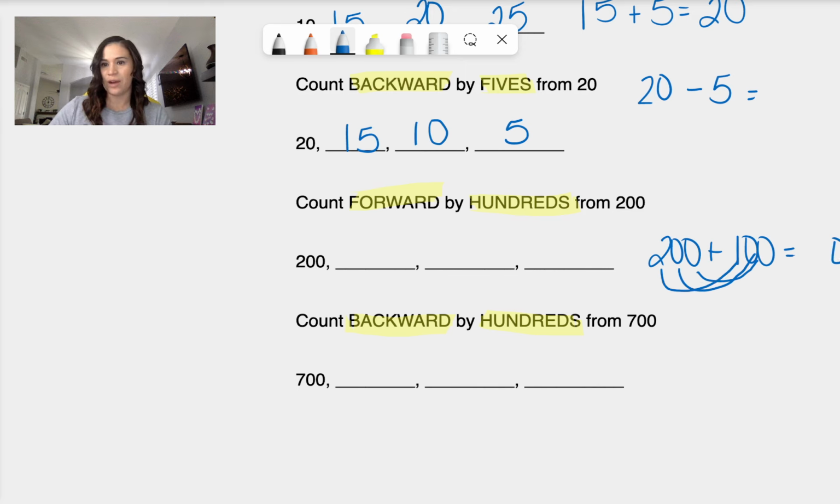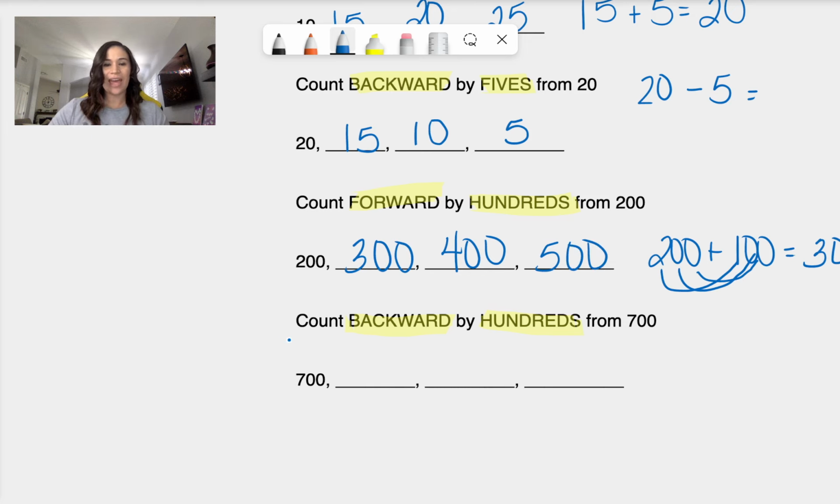And then our hundreds place, 2 plus 1 is 3. So up 100 is going to give us 300. Up another 100, so 2, 3, 4. What comes after 4? 5. 500.